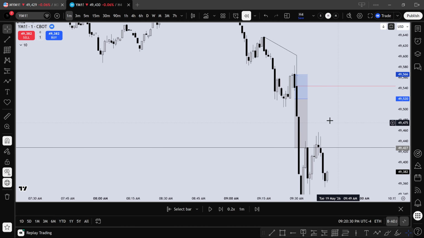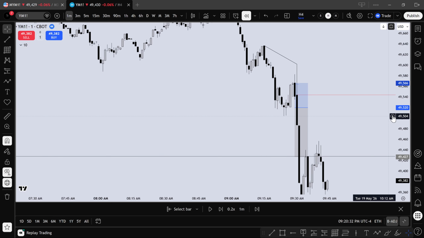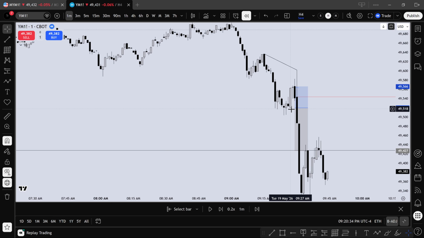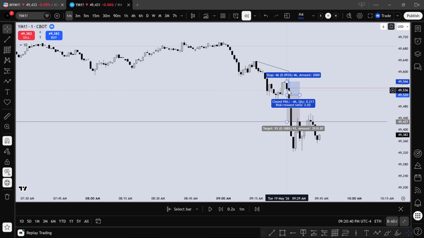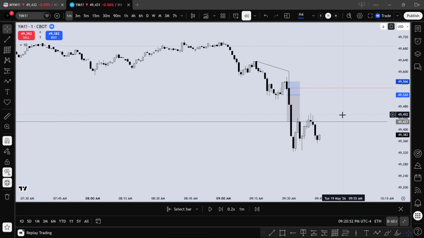YM, as you can see, these days do not give you much of an entry chance. It does not go back to the order block. So for that reason, after we get this candle expanding lower, I'm entering right here. I don't wait for this to close below this. As you can see, it does not give you a chance. So I got a small 2-hour trade for today.